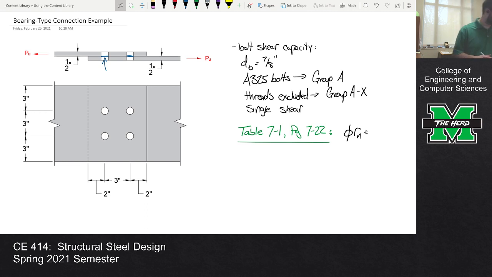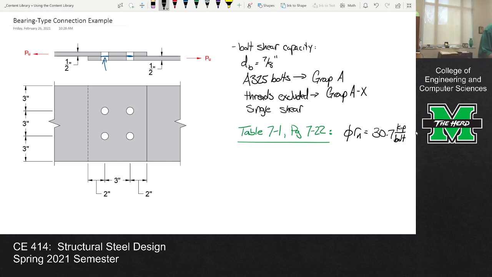Okay, hold on. Okay, we got two different numbers here. And I'm getting the 30.7. That's what I'm getting. Now, that's kips per bolt.